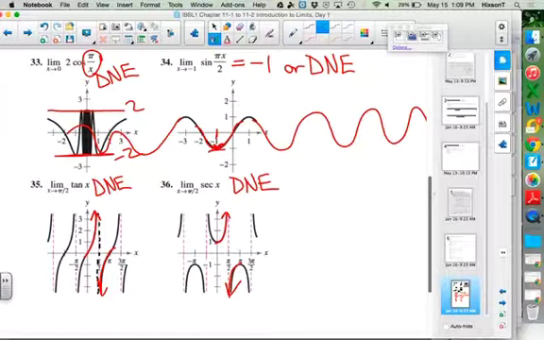For one thing, the value you're approaching is not defined. And as we said, if we zoomed in really close, the closer and closer we got to 0, it would continue to go back and forth and back and forth. And if we zoomed in even more, it would continue to go back and forth.